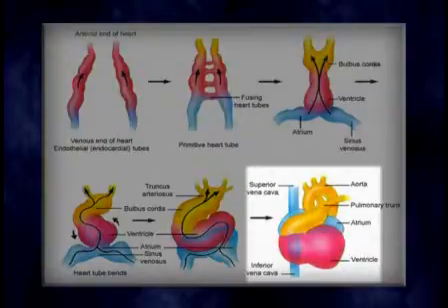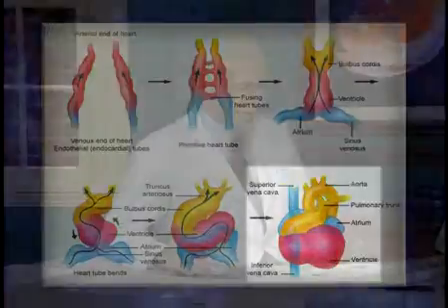A 4-chambered heart separated into right and left. There are several abnormalities of this organ that are directly related to the failure of some of these components to actually go on the way they should.